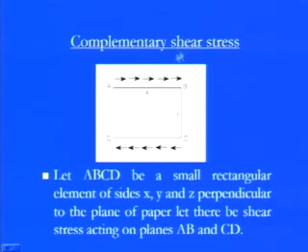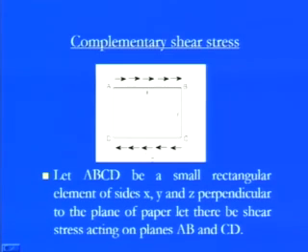It influences this segment of the element to go in this direction, while this one also tends to move the CD portion in that direction. So if we combine both effects, the element under the influence of this shear stress tends to move clockwise.